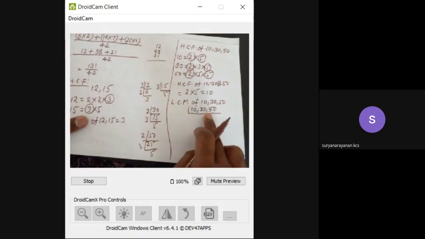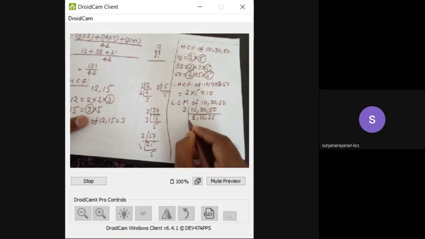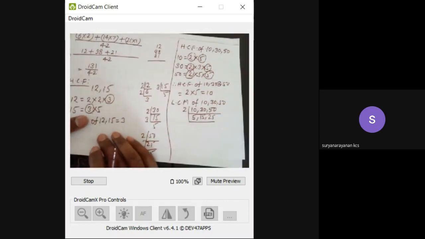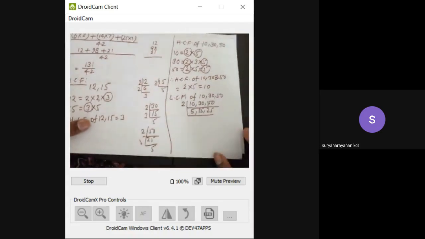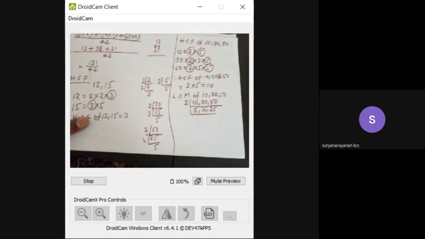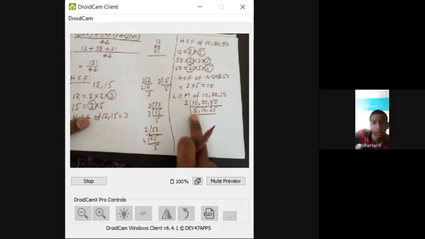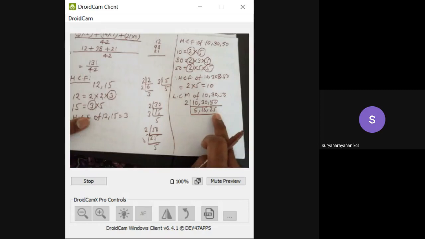So 2 divides these 3 numbers: 2 5s are 10, 2 15s are 30, 2 25s are 50. Next, what is the next prime number? Does 2 divide any of the numbers now?